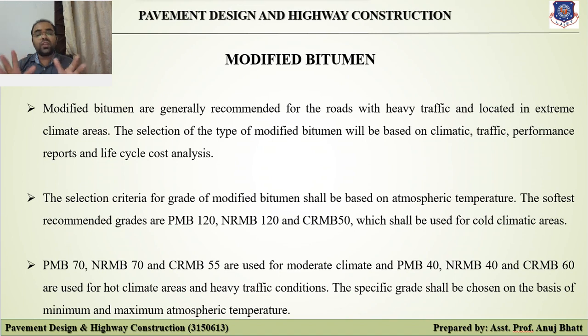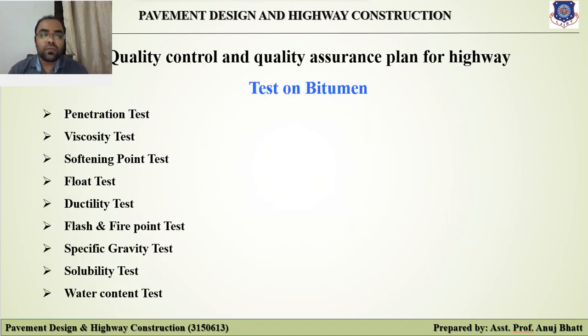So this is all about the modified bitumen. Next, we will work on the quality control and quality assurance plan for the highway. Those are the kind of tests on bitumen. So whatever kind of bitumen material you are using, there should be some quality control and some quality assurance. So now we will work on quality control and quality assurance.